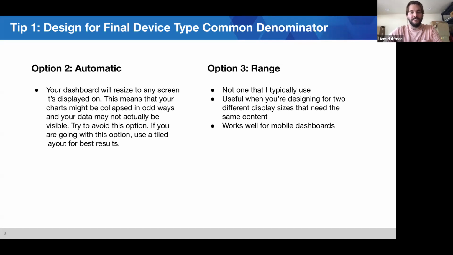Tableau normally doesn't have a great track record of actually sizing it the way you want. Range, again, is not one that we would normally use, but if you know you're designing for 2 different displays that are going to need the same content, then it's really useful. Again, something like a mobile dashboard that can also be viewed on the computer.